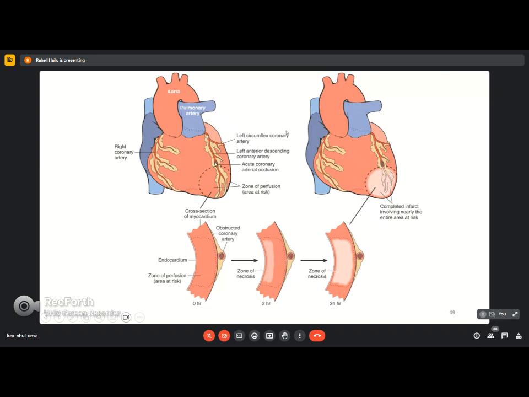So this is the left coronary artery, the circumflex and the left anterior descending. If it is here, the area that's covered is this side. So it will be ischemic. Okay.